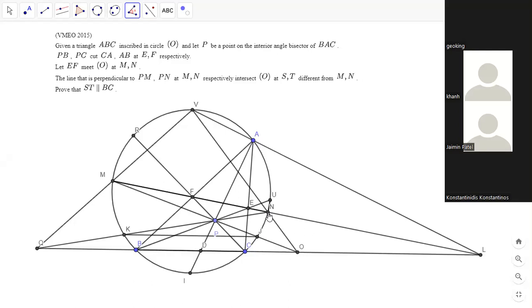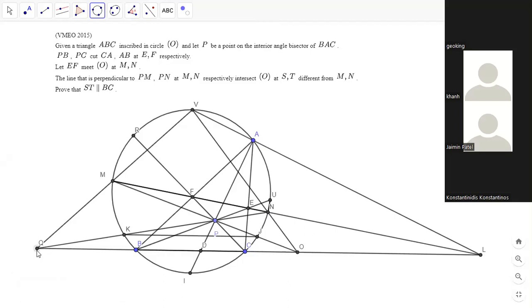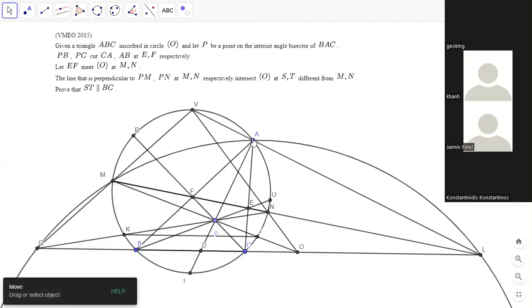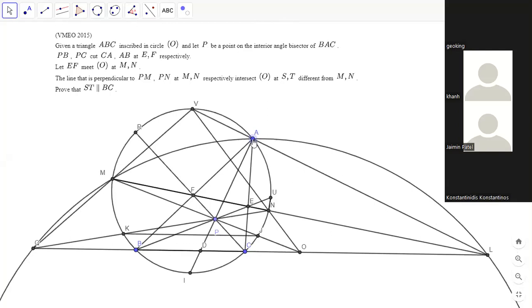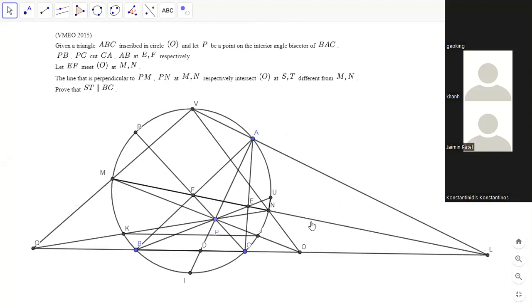Is QMAL cyclic? Yes. Interesting. Not sure if that's obvious or not. Stefan was thinking of using power of a point, maybe. There's a lot in this configuration. It's a good one.